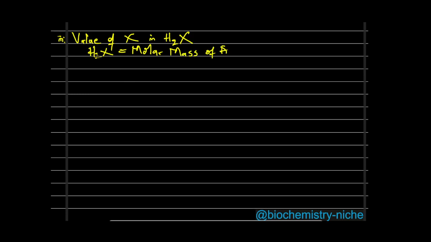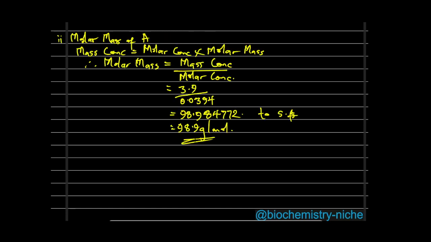We have the mass of hydrogen as 1. So we have 1 times 2, because hydrogen is in two places, 1 times 2 plus X, to give us the molar mass of A, the molar mass of our H2SO4, to be 98.9 from the question we just calculated in B. From this, we have the molar mass of A to be 98.9. So that is what we are using here.